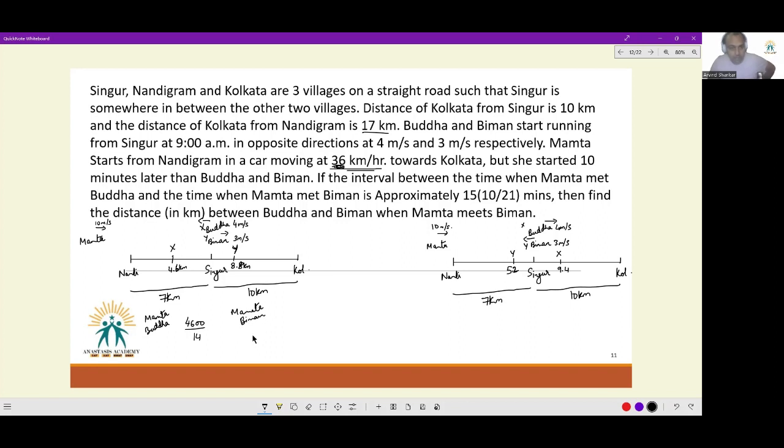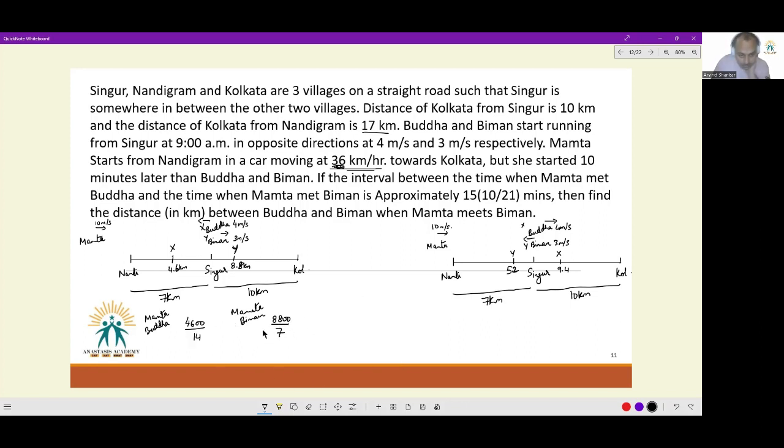What will be the time taken? It will be 8800 divided by 7. If the difference between these two is 15 whole 10 by 21, okay, I can live with it.